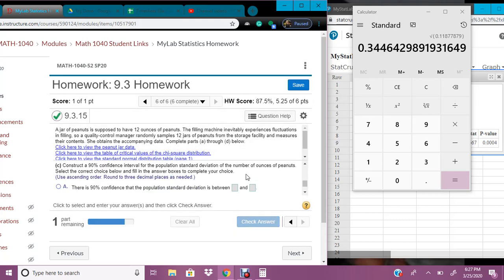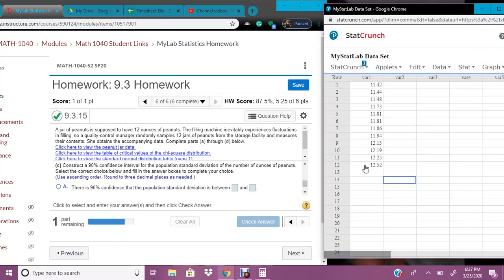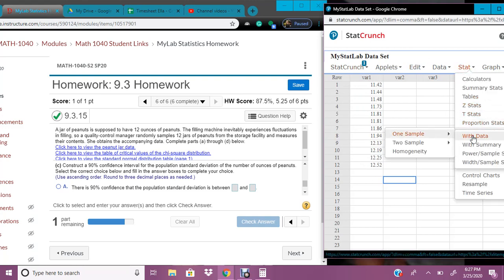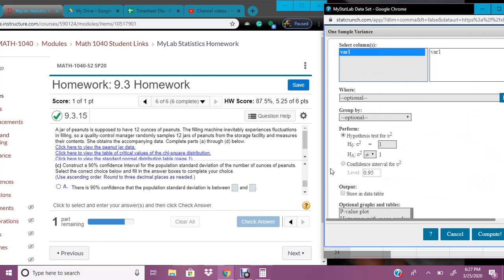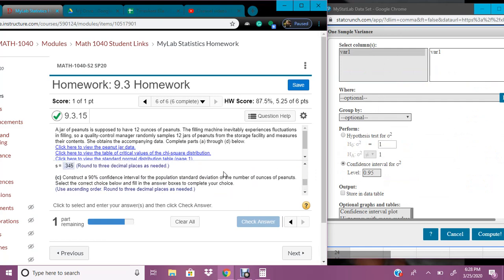Okay, and then the next question is basically what we just did on question 5. So we're going to take this data again and go to stat, variance stats, one sample with data, select our variable, and we're looking at a 90% confidence interval.